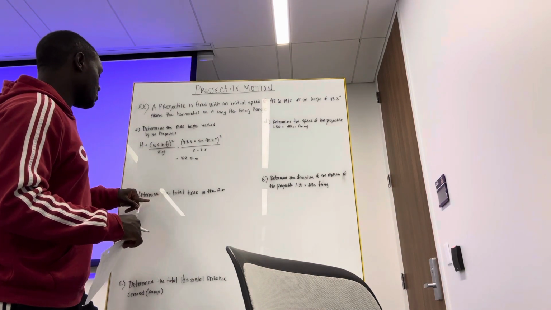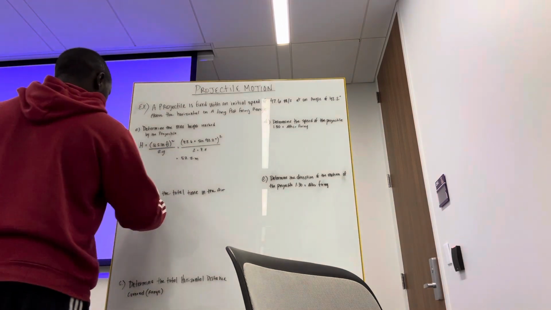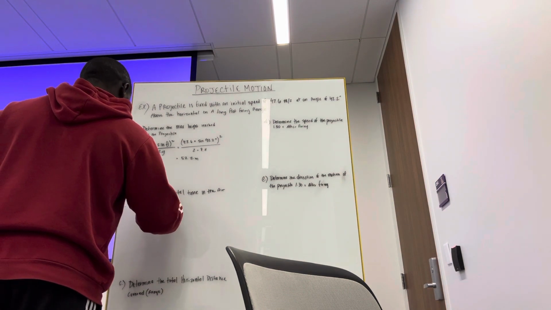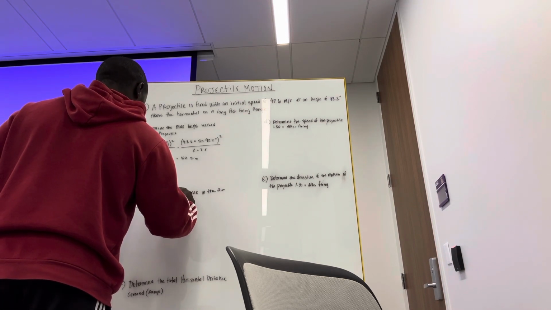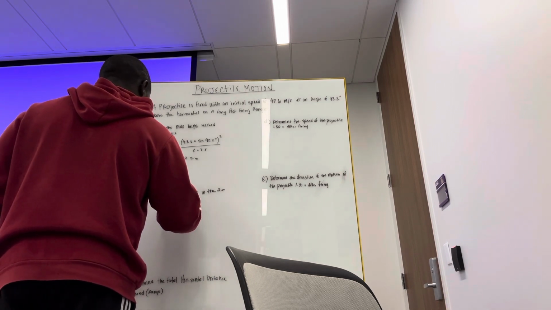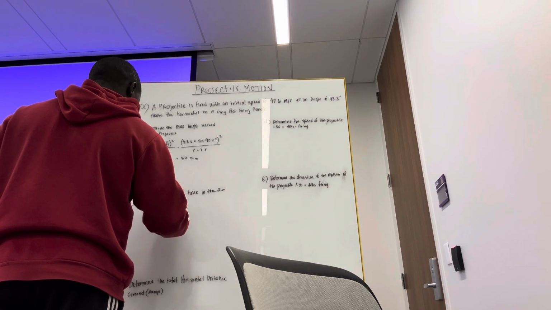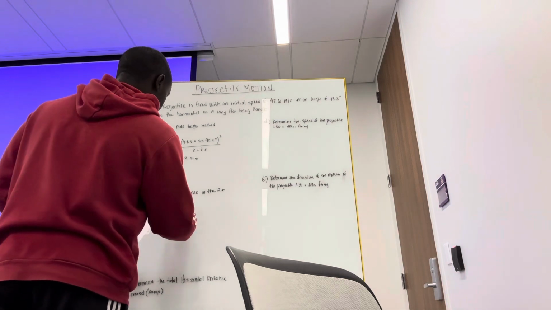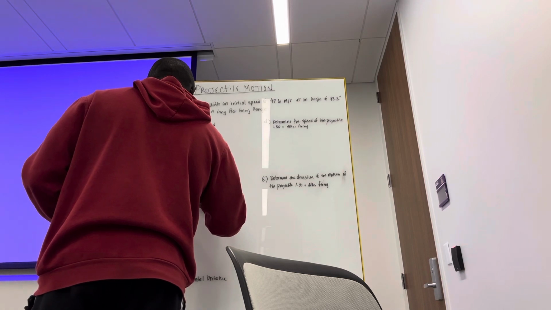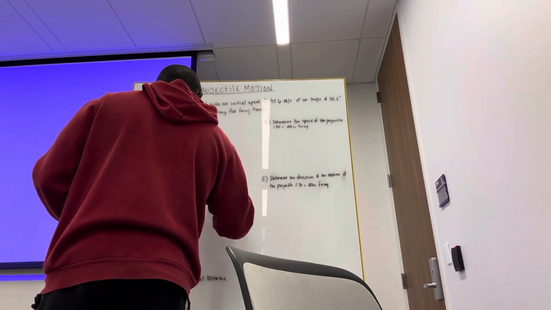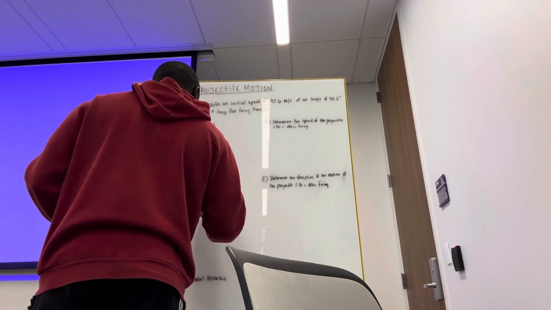We now need to determine the total time that the projectile is in the air. To use this equation, I'm going to do 2 times the initial speed times sine of the angle over g, so 2 times 47.6 times sine 42.2 over 9.8.